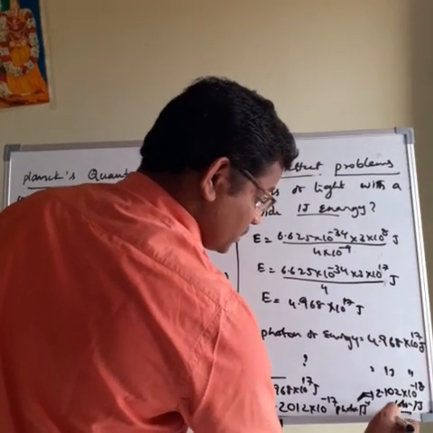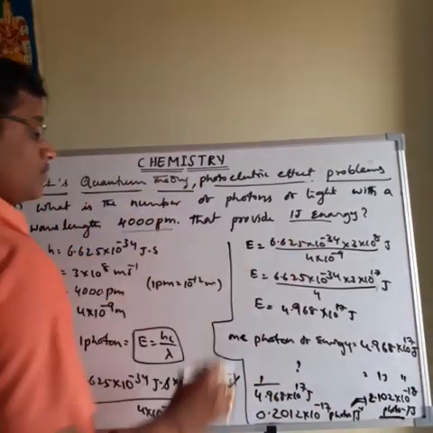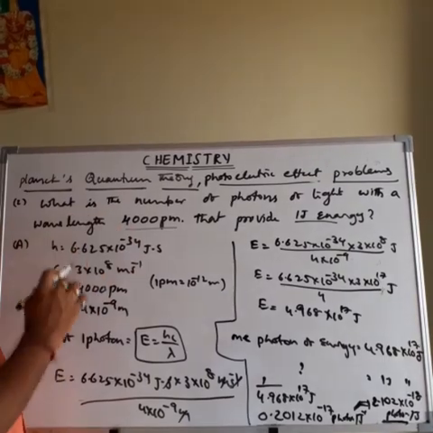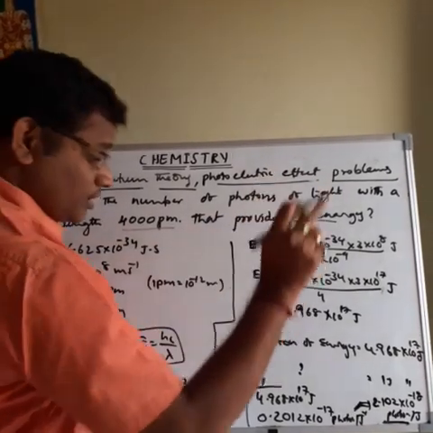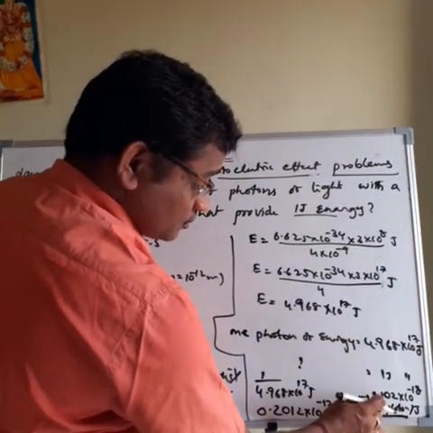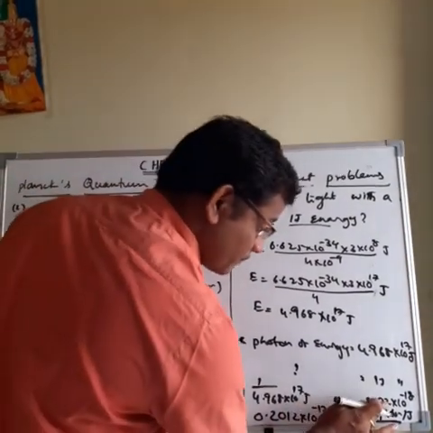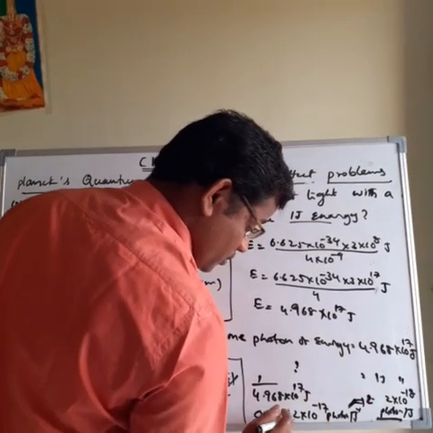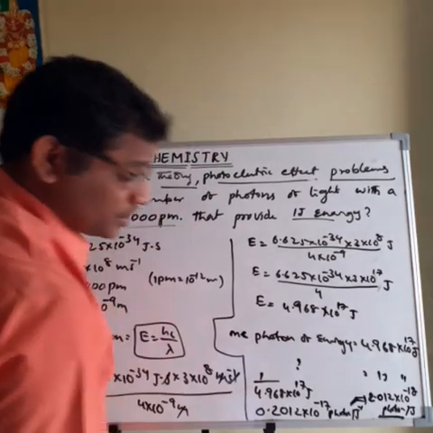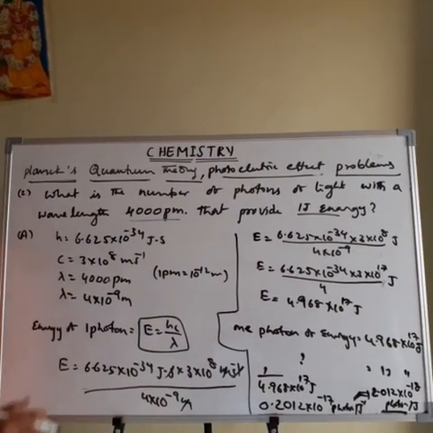So this is the number of photons emitted: the number of photons of light having the wavelength of 4000 picometer that provide 1 joule of energy. 1 joule of energy releases how many photons? 2.012 into 10 power 18 photons per joule.